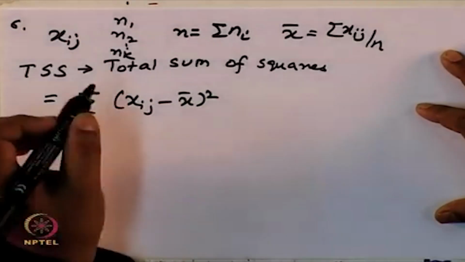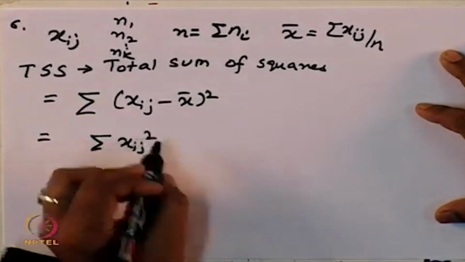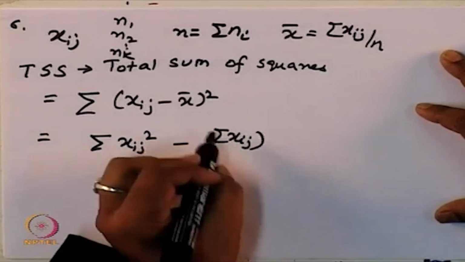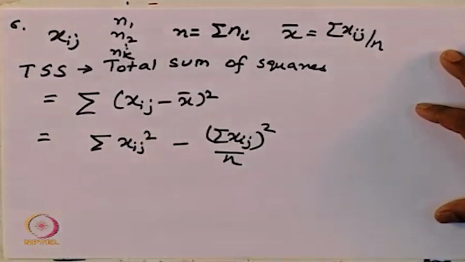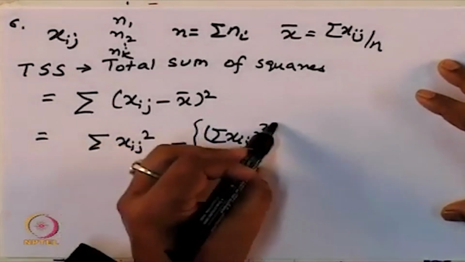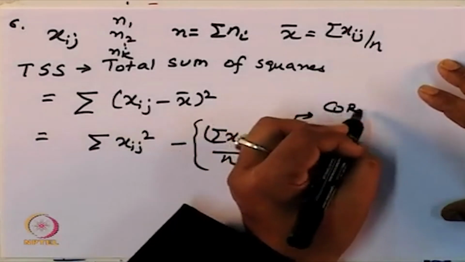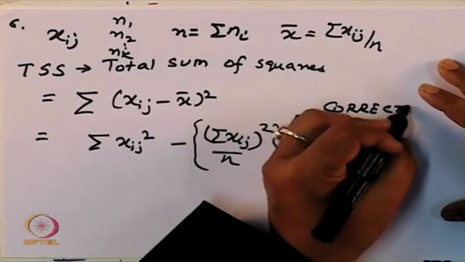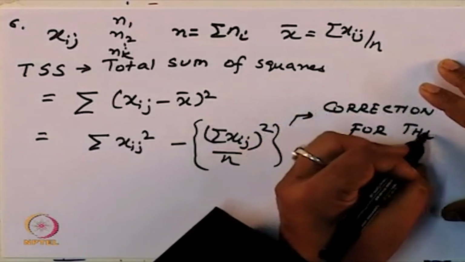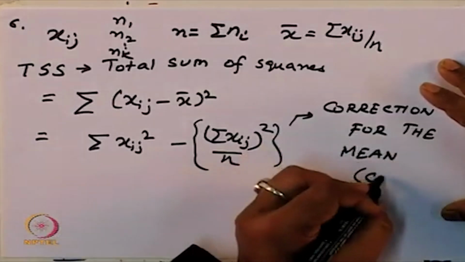If you expand this, you can show that this is nothing but the summation of x_ij square minus, okay, this term, which is called the correction for the mean, or Cm.